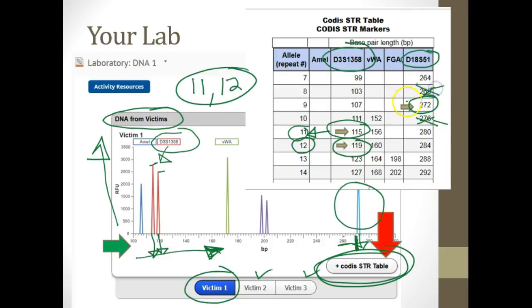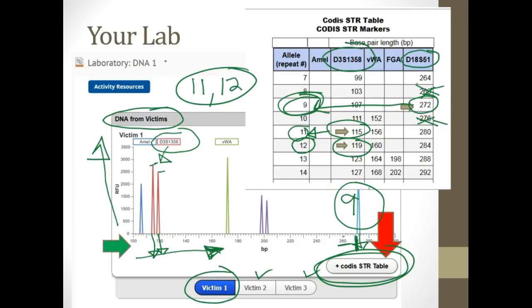What's left? 272. Coming across there, that correlates with a short tandem repeat allele number of 9. It hiccups 9 times. This D18S51 short tandem repeat hiccups 9 times.